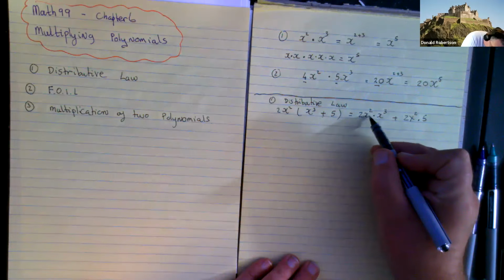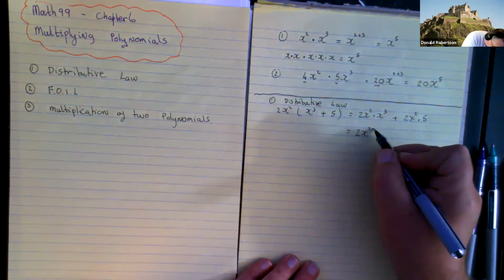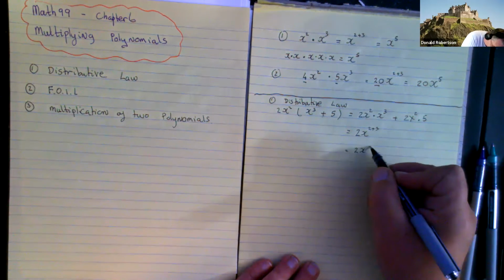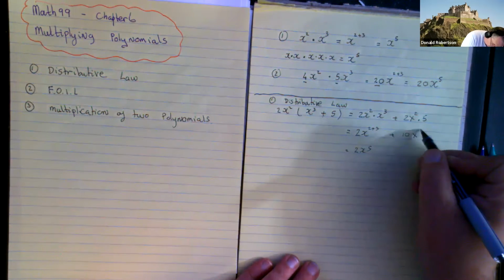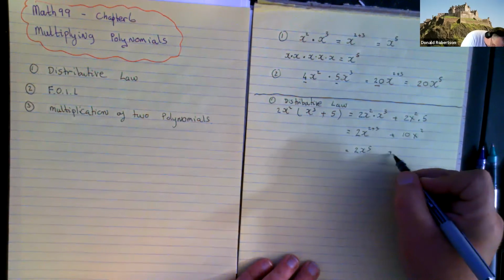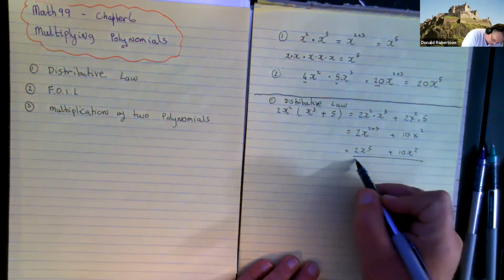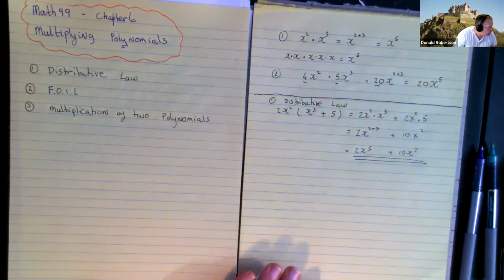Now, x squared and x cubed gets you 2x to the power of 5. And 2 times 5, 10, with an x squared at the end. And we're finished. In this case, there are no like terms, so we really can't do too much.